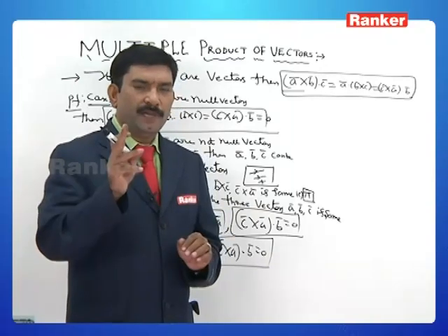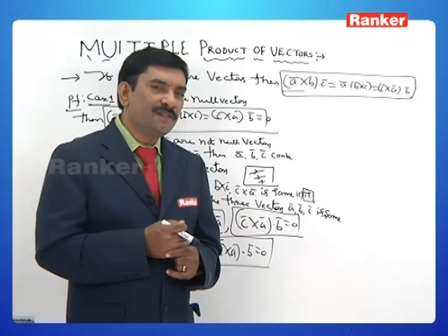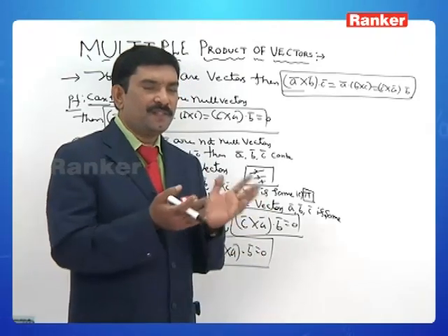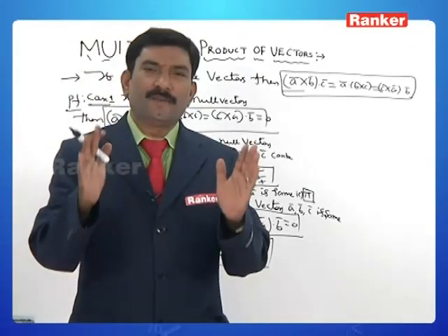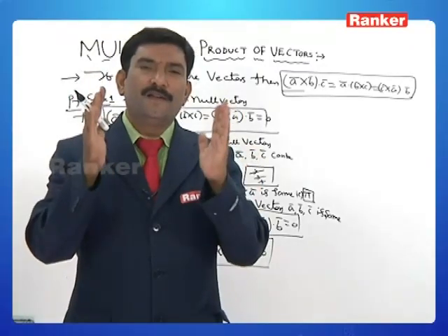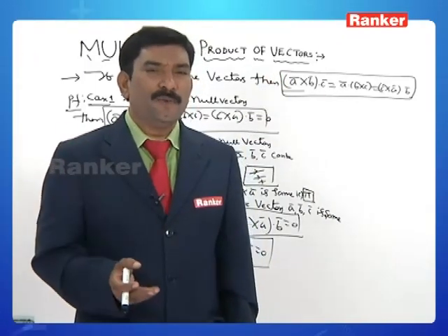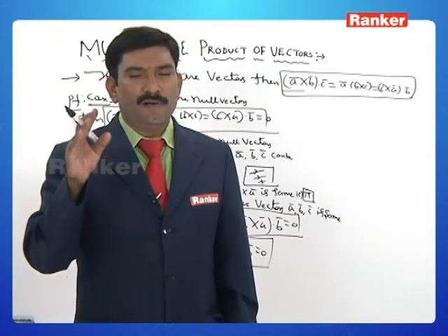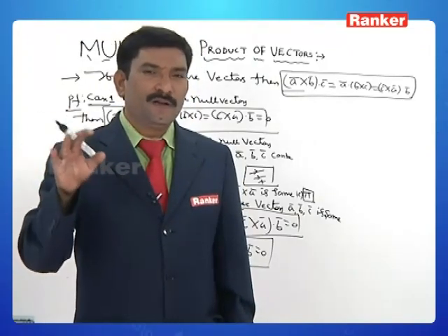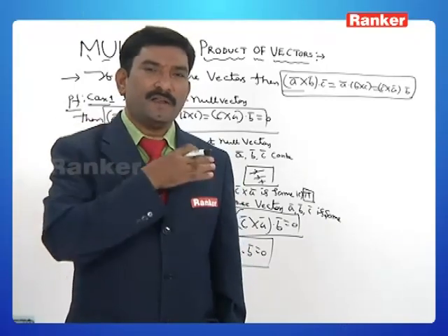Yes, we have come across two cases: null vector, non-null vector, coplanar vectors. Sir, what if A bar, B bar, C bar are non-coplanar vectors? Yes, just now we had one context. What is that? Geometrical interpretation of scalar triple product as volume of a parallelepiped. There we have taken A bar, B bar, C bar as non-coplanar vectors representing the coterminous edges of a parallelepiped.